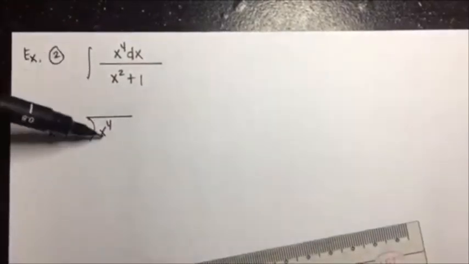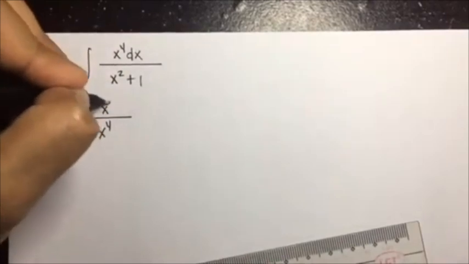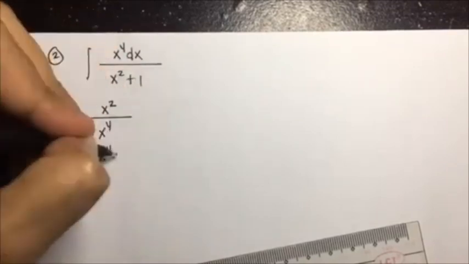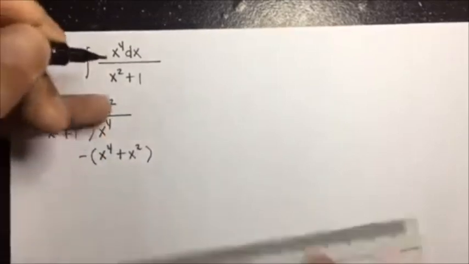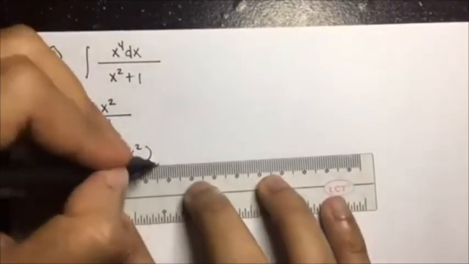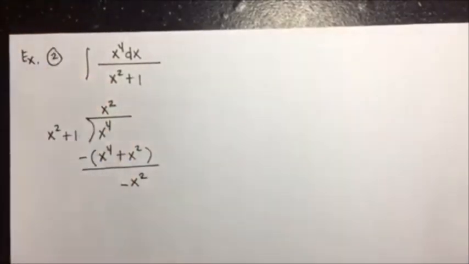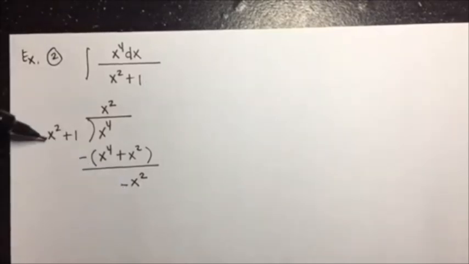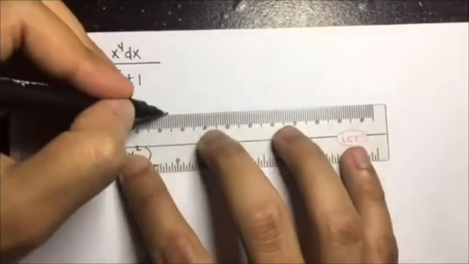So x to the fourth divided by x squared, we will have x squared times x squared, so that is x to the fourth, x squared times 1, so plus x squared, subtract, so we will have minus x squared here, so this will cancel out. Negative x squared divided by x squared, so we have minus 1.